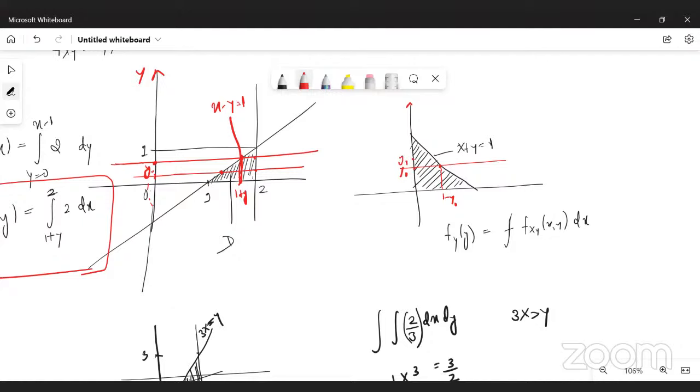If you fix this y1, again, what is the lower limit? The lower limit is 0, staying as 0, and the upper limit is going as 1 minus y1, right? So in general, if I'm fixing any y, the lower limit is going to be the same, that is 0, and the upper limit will come out to be 1 minus y.